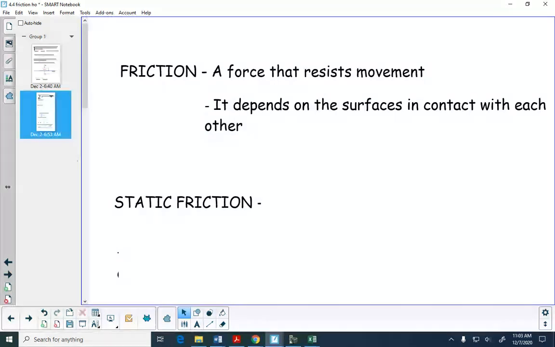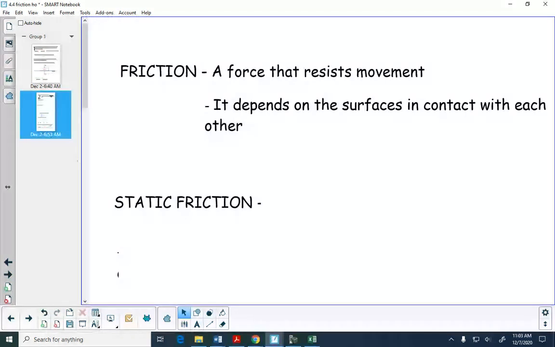I slammed on my brakes last Tuesday on icy, slippery pavement, and I would slide. The resistance to movement is that idea of friction. And when we're on wet surfaces and snowy surfaces, the resistance to movement is not as great as on a dry surface.